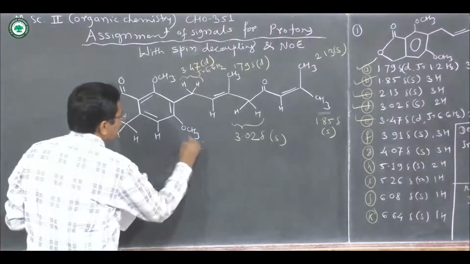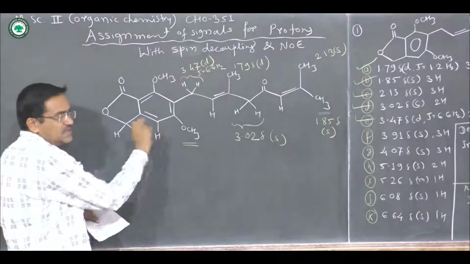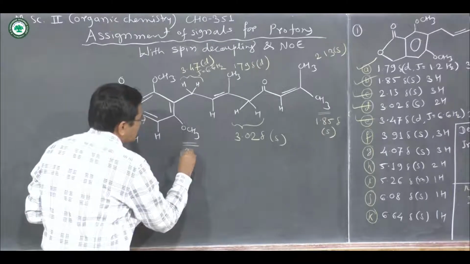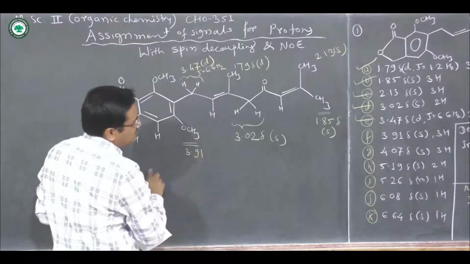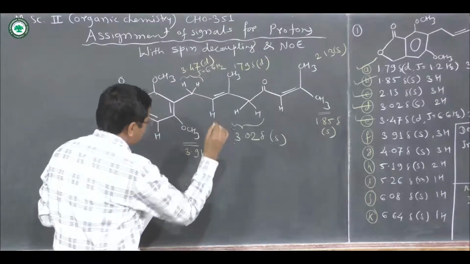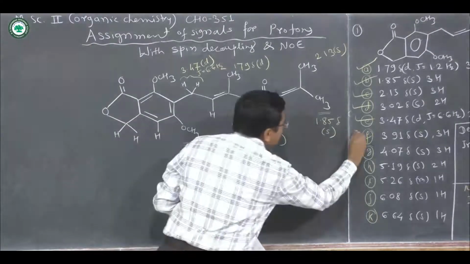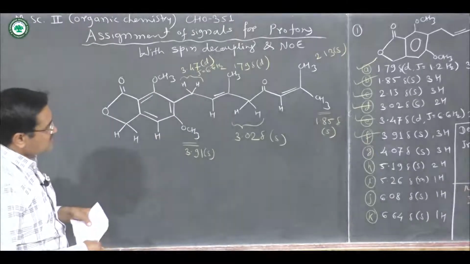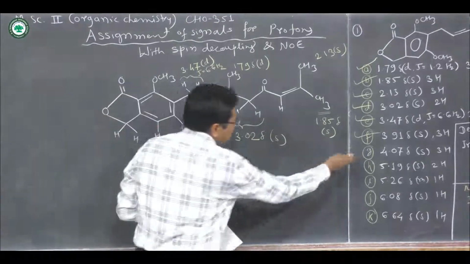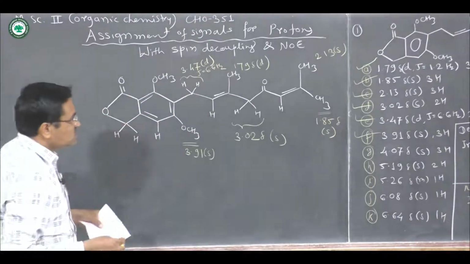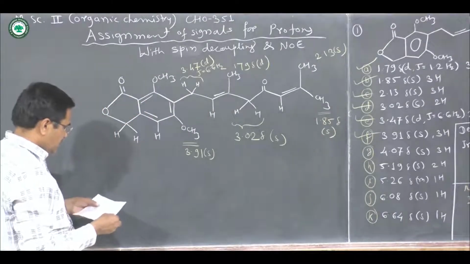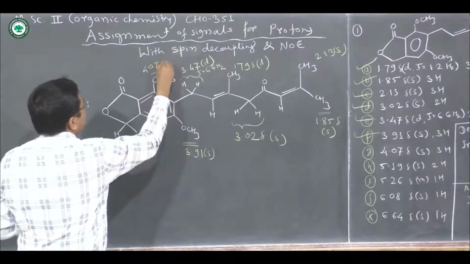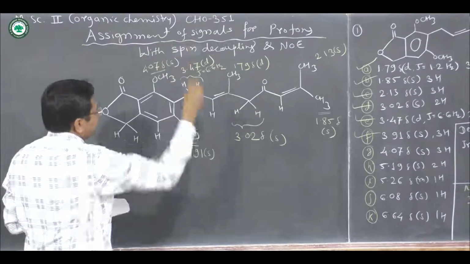The 3.91 signal appears there because oxygen is present and it is de-shielded, and it is a singlet. Now this is also assigned. Then 4.07 is de-shielded, and it is a singlet.